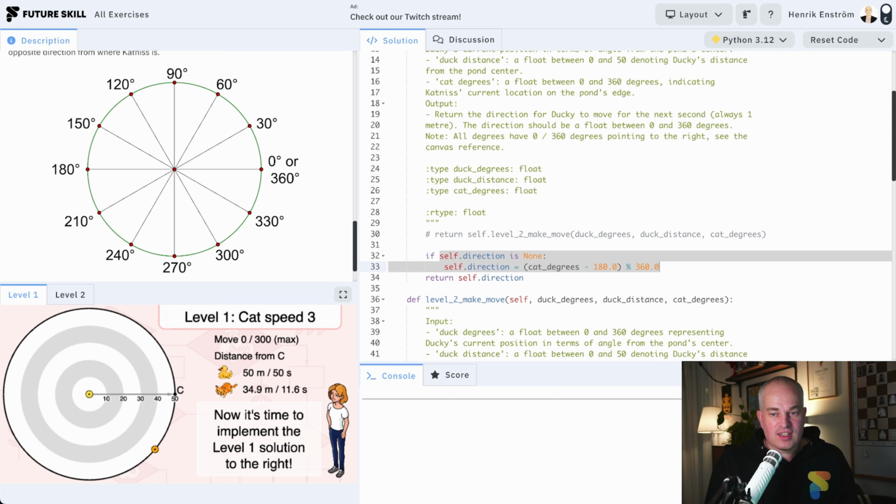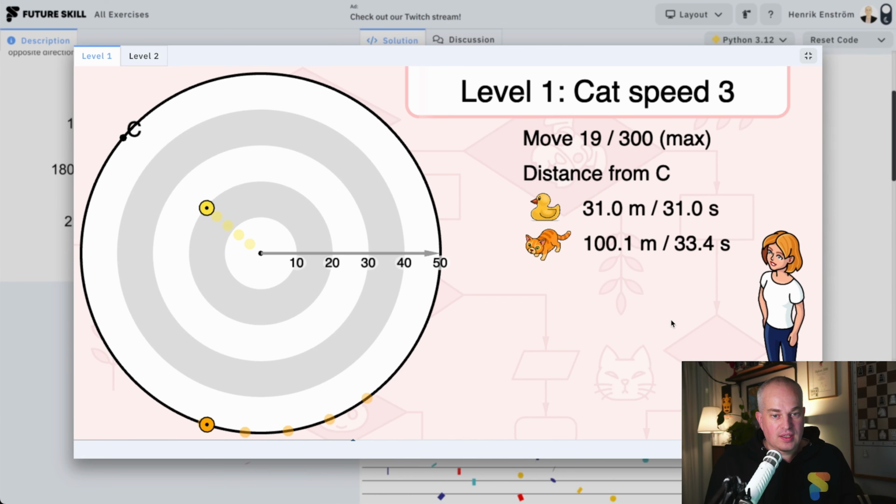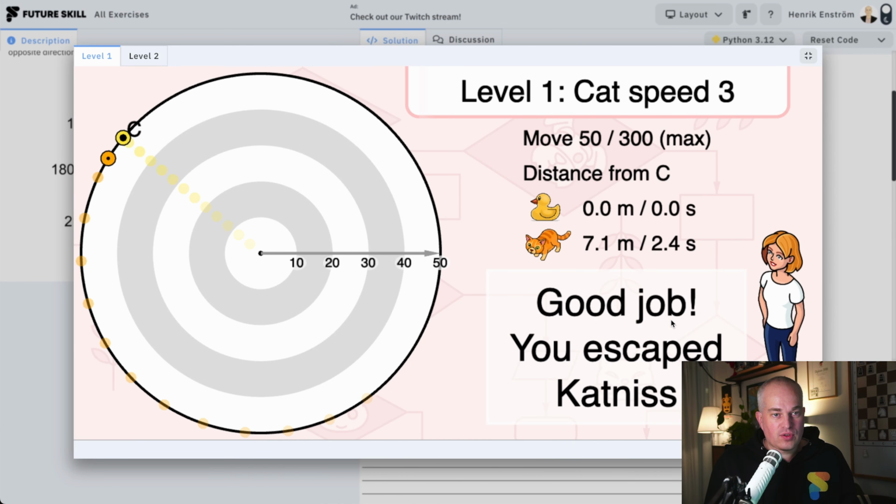We could look at what happens if we set it at every second, and that will not look as good. But let's see how we solve this in the canvas. Yes, we just head straight for the opposite direction and we beat the cat by 2.4 seconds, like so.